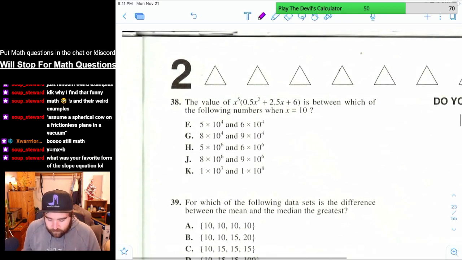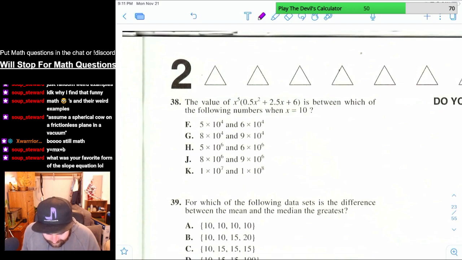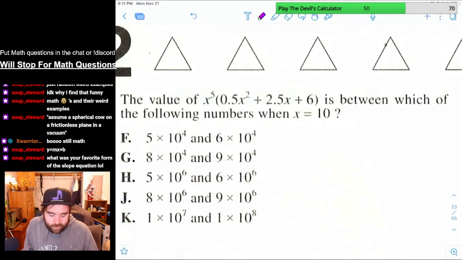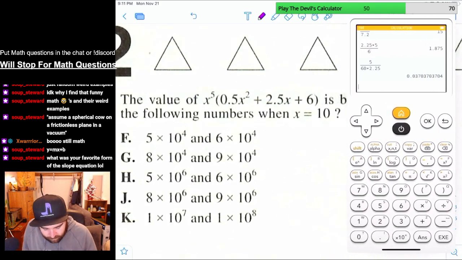So the value of x to the 5th times all of that is between the following numbers when x equals 10. Well, that's weird. I'm just going to plug that into the calculator and see what it tells me.